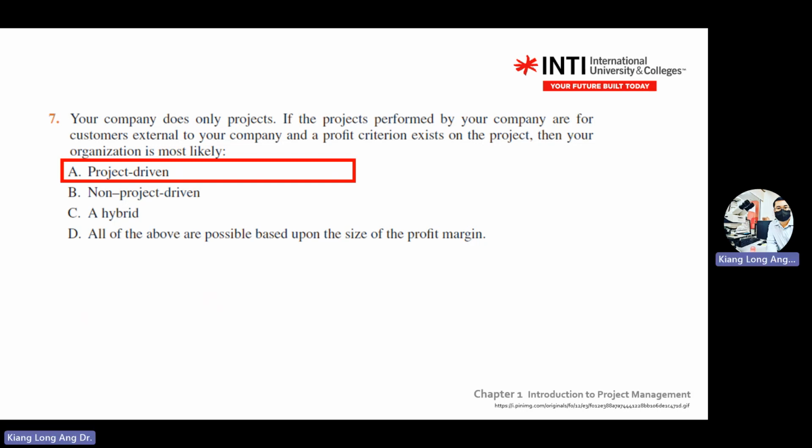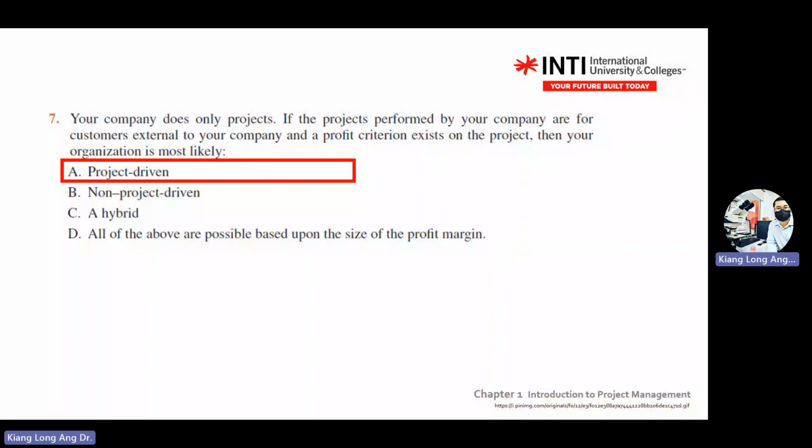Why project driven? You look at the whole picture of your profit and loss. When you look at non-project driven, it will mention functional, it will mention line manager, it will mention a specific department. Then it will become non-project driven.